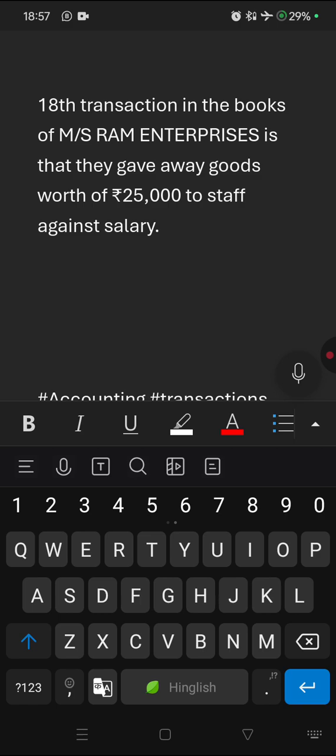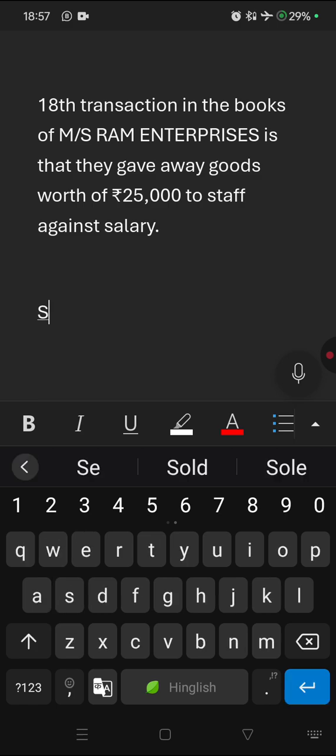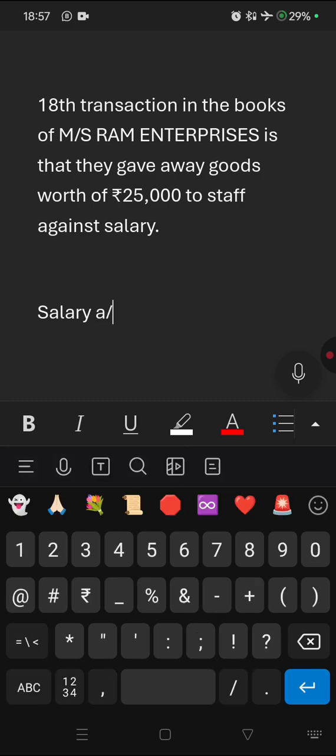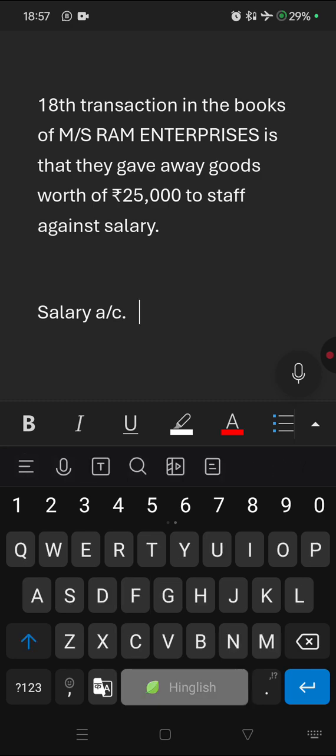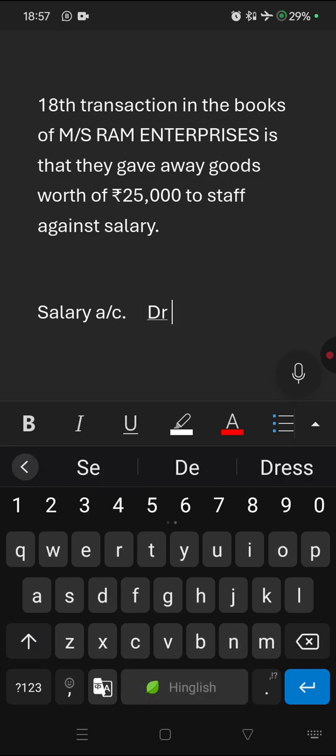The proprietor is giving goods worth rupees 25,000 to their employees against salary. So salary is an expense, it is increasing. Salary account debited 25,000.